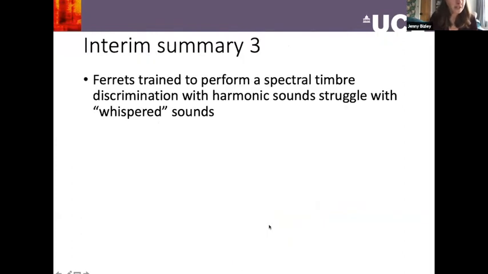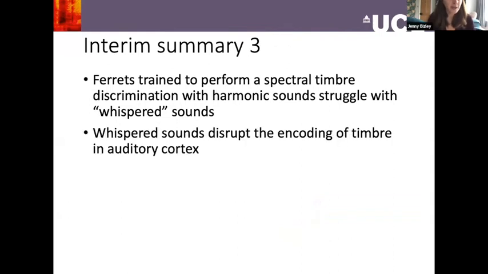So the third short summary, before I tell you one last bit about how spectral envelope might be maintained in noise, is that we can train animals in a task, but they struggle to generalize what they've learned about harmonic sounds to these whispered or noisy sounds.